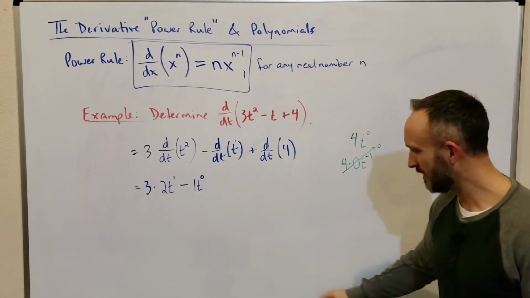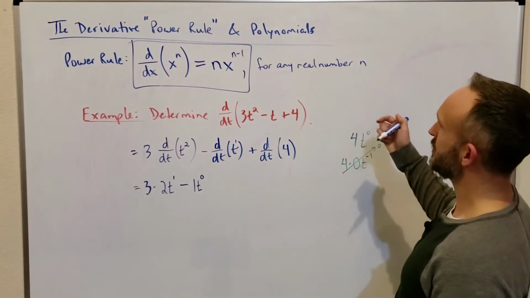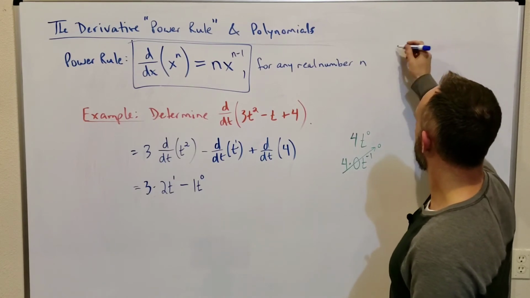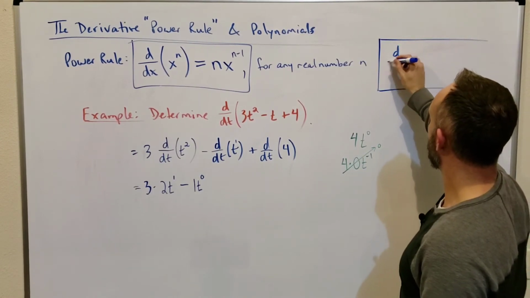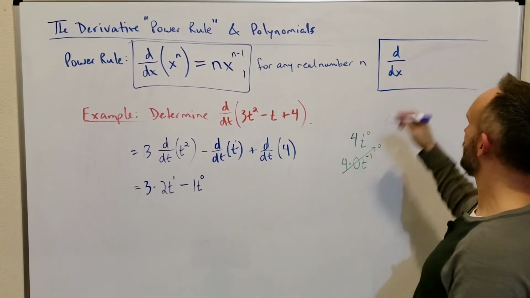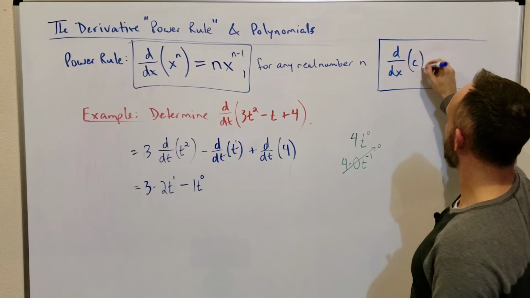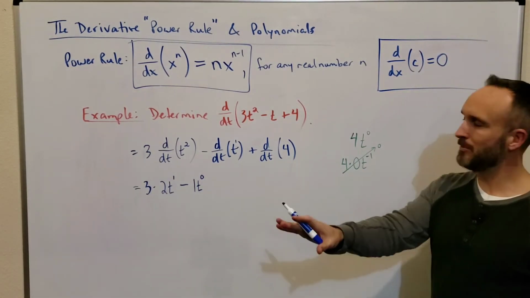In fact, we could make another rule about differentiating a constant. This one's very basic. The derivative with respect to any variable, let's say x, in this case it's t, of a constant is always 0. And that totally makes sense.